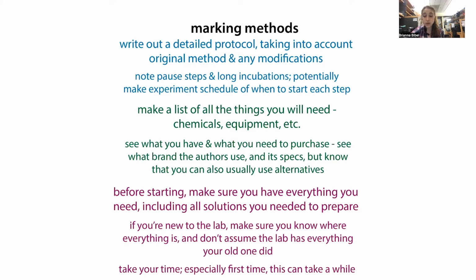But note that you can usually use alternatives. So if they use one brand of a concentrator kit, you might be able to use another brand of a concentrator kit without any problems. And this is one thing that you might see a note on in a methods protocol. Sometimes different brands might have different nuances that the papers will tell you about.